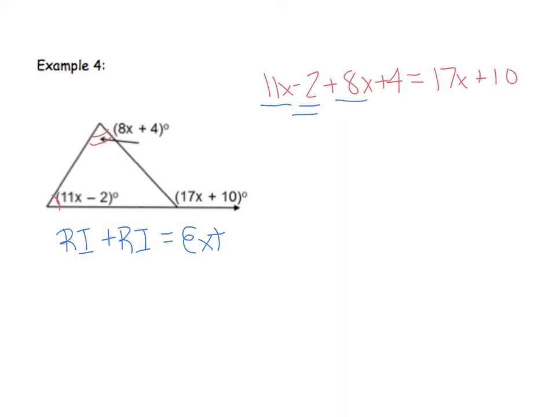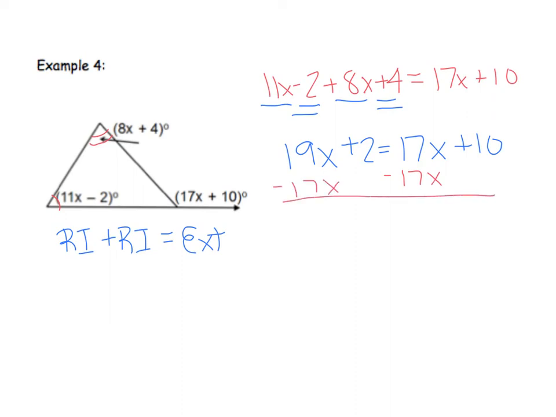11x and the 8x combined, the negative 2 and the plus 4 combined. That leaves us with 19x plus 2 equals 17x plus 10. I have variables on both sides, so I'm going to subtract 17x from both sides. I get my x's all together. That leaves me with 2x plus 2 equals 10.